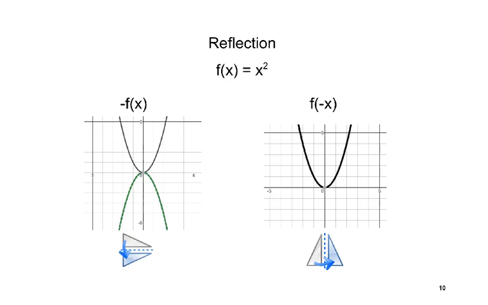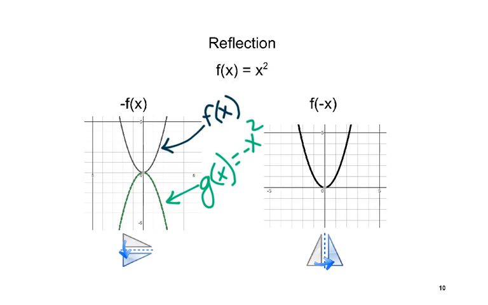Let's go ahead and look at the graphs of the two. So for g of x, I think it was, our g of x was negative x squared. And our f of x is right here. So our parent function, f of x equals x squared, is in black. And the green one here, we flipped it across the x-axis, and now all those y values are negative.